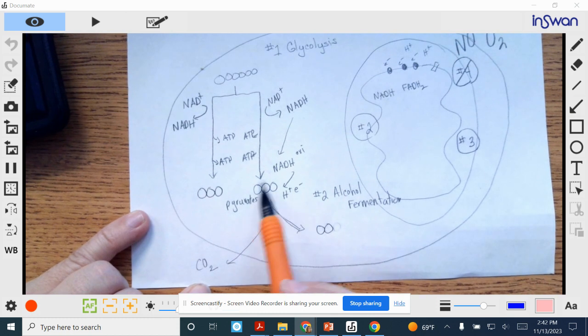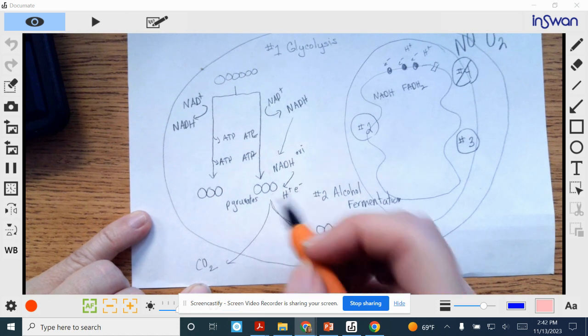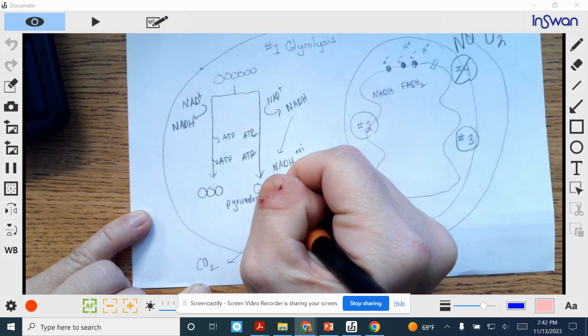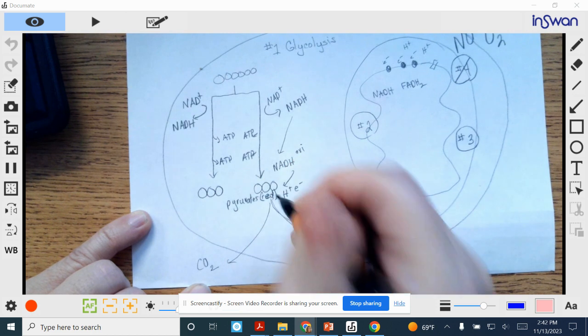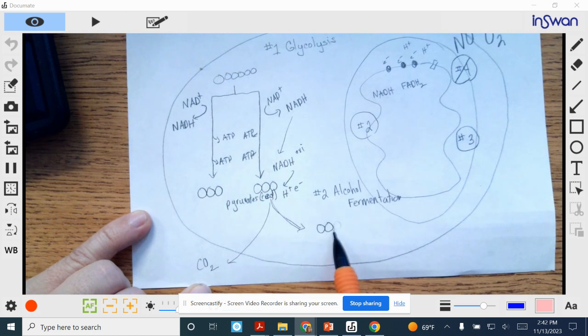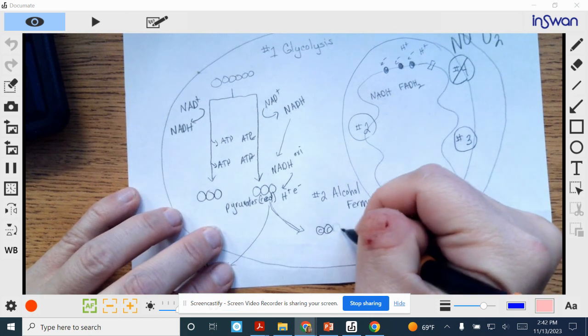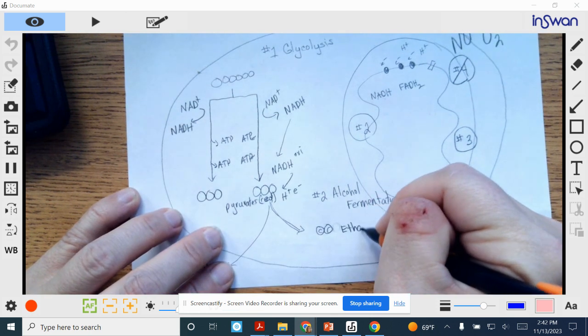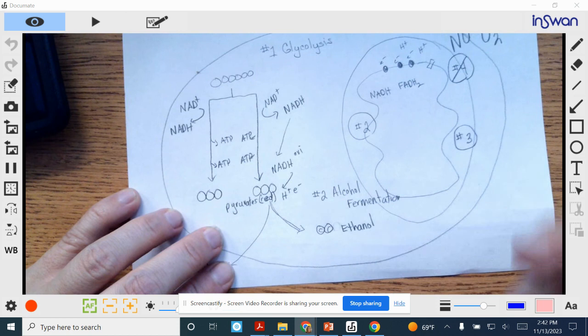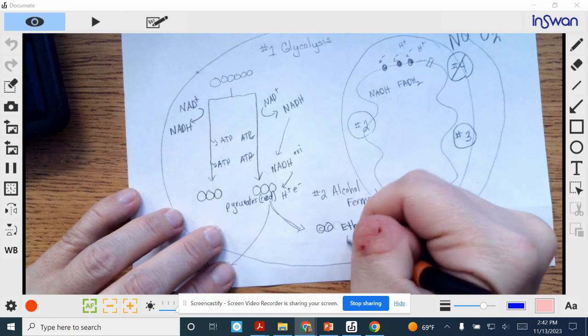All right. This molecule also then gets reduced. So NADH is getting oxidized. The pyruvate is getting reduced, is what I'm just writing here, reduced. And now it is this 2-carbon molecule, and this is ethanol or ethyl alcohol. Okay, so that is an alcohol.